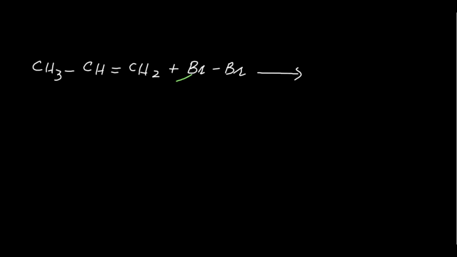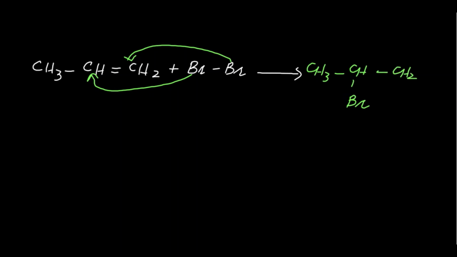Now we will see what product is formed after the addition of bromine. Here we can notice in this molecule a double bond is present, so one bromine is added to this carbon, another bromine is added to this carbon. So after the addition of bromine atoms, we get CH3 CHBr CH2Br.